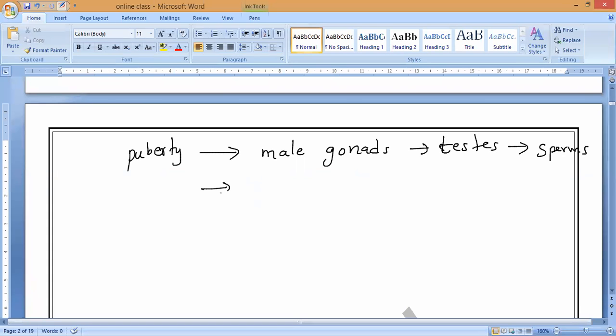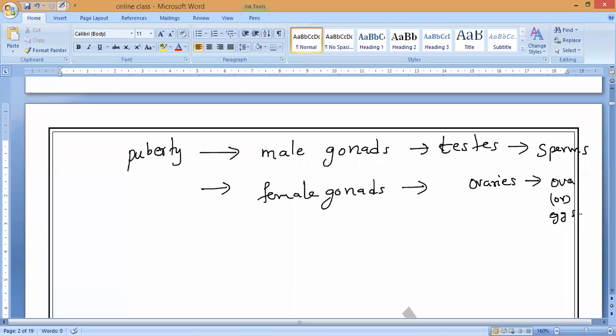And the female gonads, what do we call them? The female gonads are called ovaries. These ovaries will start producing female gametes, which we call ova, or eggs. This is what happens.